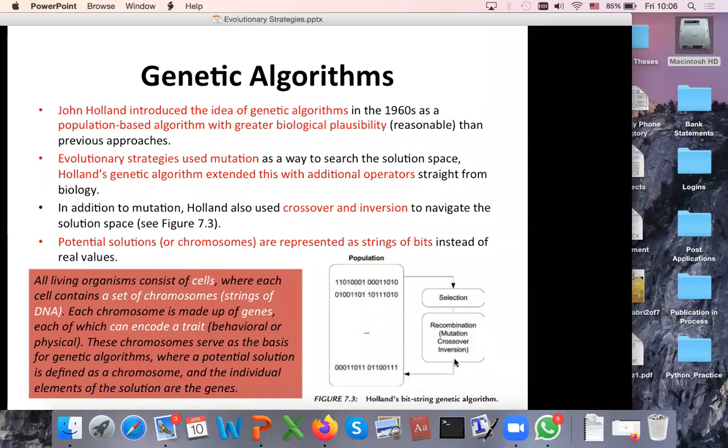So this is the normal idea of John Holland's genetic algorithm. But we will see this idea in detail in the next slide.